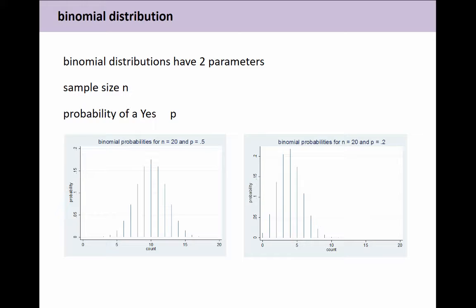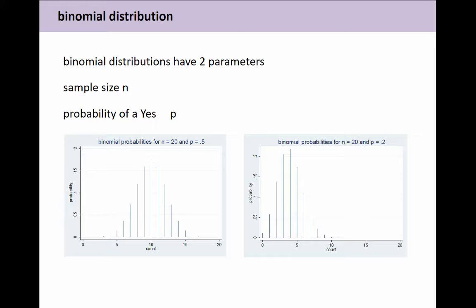And you can see that this distribution looks very symmetric around the value of 10. For instance, the probability of 5 yes is exactly the same as the probability of 15 yes.